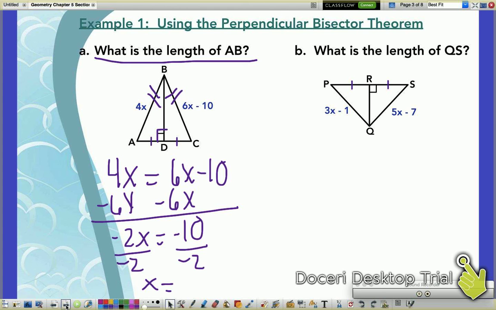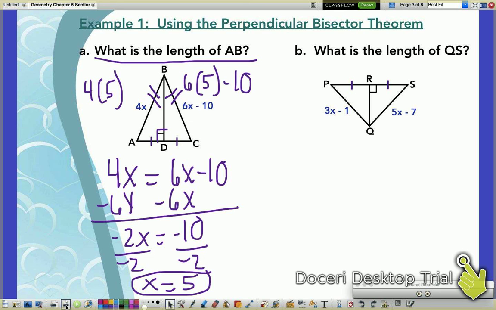Two negatives equal a positive. X equals 5, so let's plug that back in. 4 times 5 and 6 times 5 minus 10. If they don't equal, then we've done something wrong. So 20 and 30 minus 10 is 20.